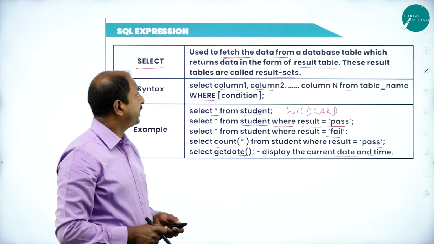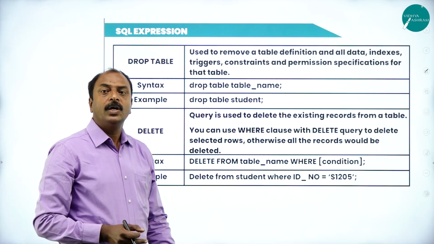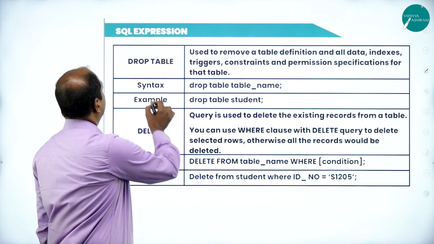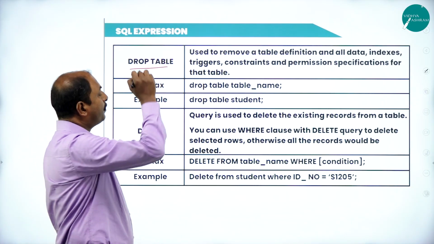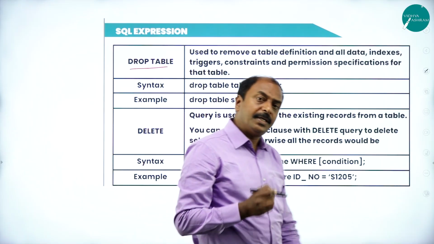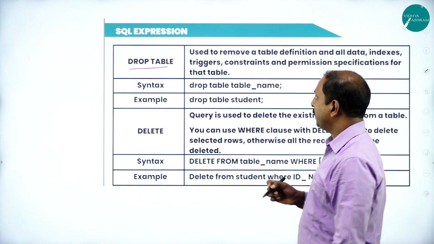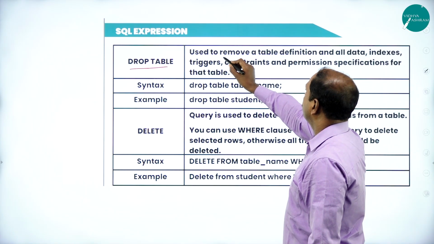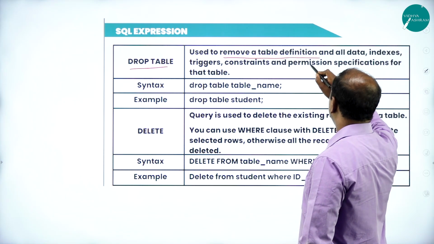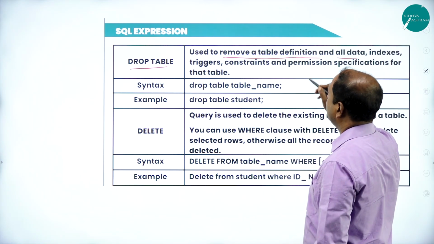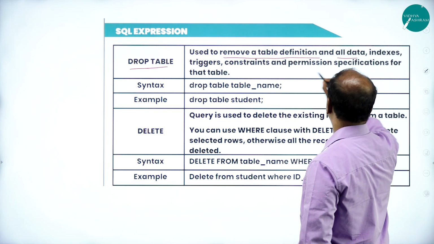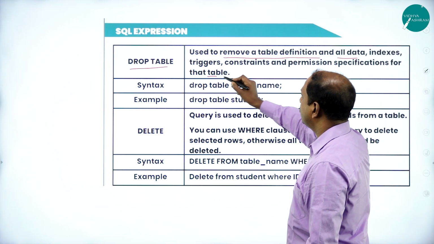Now let us move on to the next slide. Now let us see one more command, that is the drop command, or drop table. The drop table command is used to remove a table definition and all the data, triggers, and constraints from a specific table.